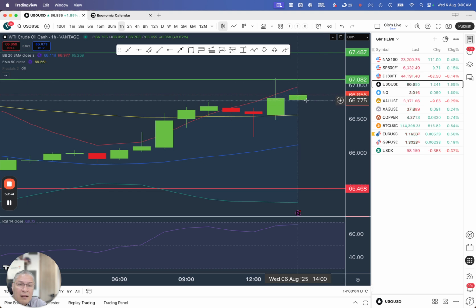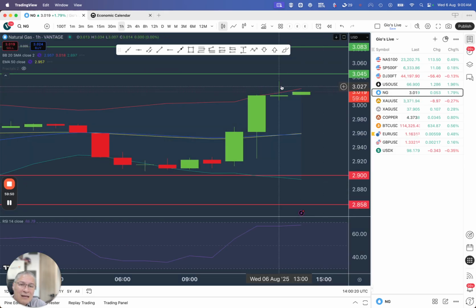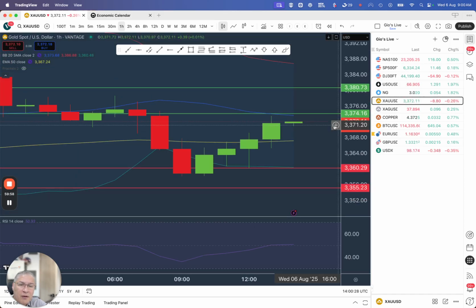Crude oil, we were watching it, and hey, it hit our first target. This one opened with a gap down that is being closed, with momentum to the upside. RSI is creeping up, about to enter overbought, so 67 again would be your target. Nat Gas, we have that range, a move to the upside, so the target is higher.